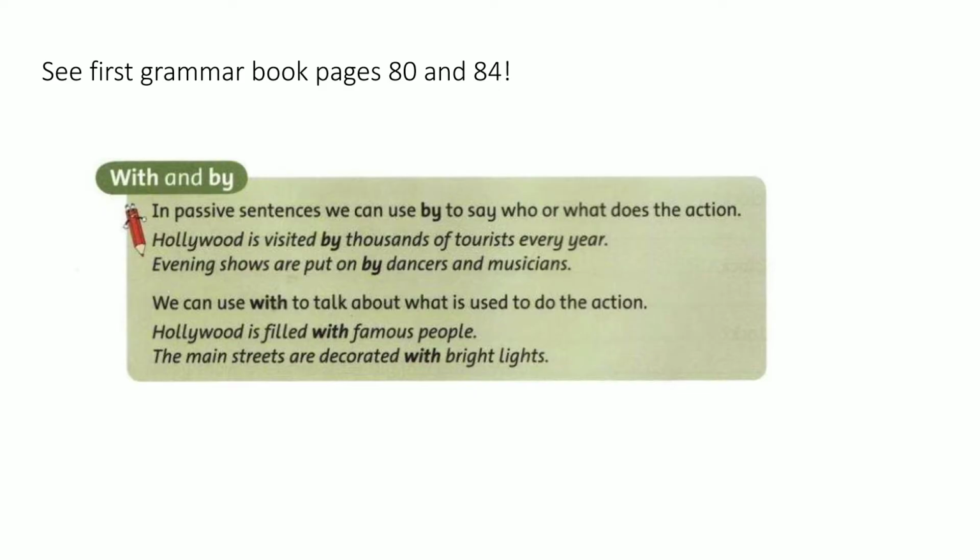Okay, see. And then the second, we already discussed with and by. In passive sentences, we can use by to say who or what does the action. By is what? In Bahasa, oleh. For example, Hollywood is visited by thousands of tourists every year.